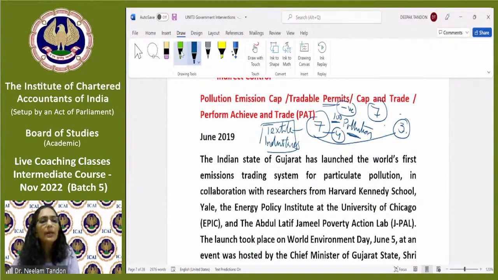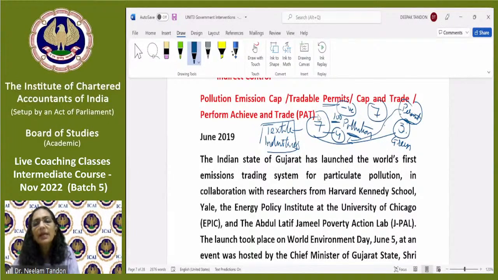Now those who are green, what is going to happen for a green firm? They do not require a permit. So they'll sell their permit to those 4 firms, and they can get money through that.